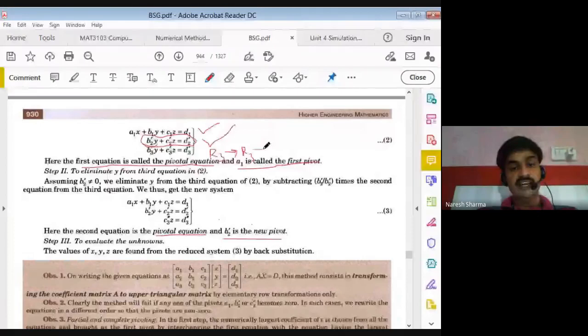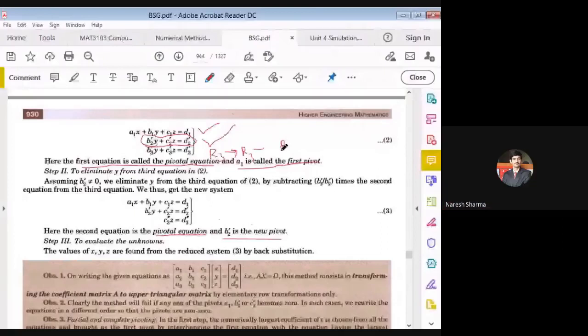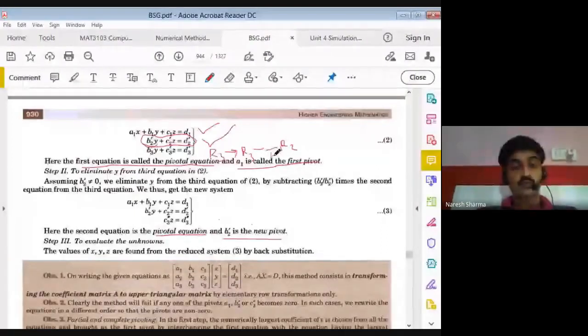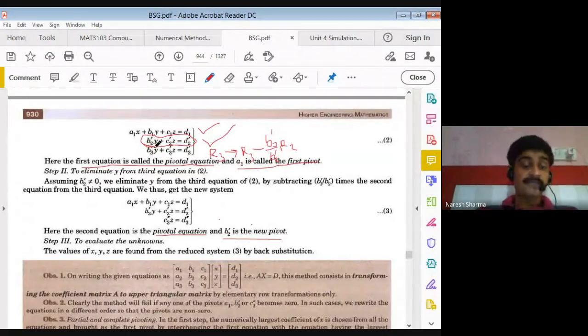What you do here, you just divide R2 by this coefficient B2 dash, and multiply by B3 dash, so that it becomes B3 dash only, because when you divide by B2 dash, this becomes 1 only, right? And when you multiply by B3 dash, this is B3 dash, and this is also your B3 dash in the first location. So B3 dash minus B3 dash becomes 0 at this position.